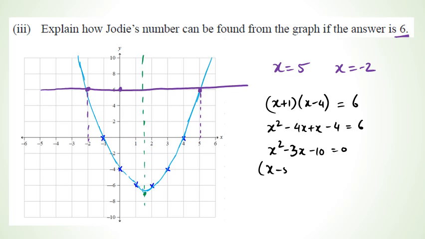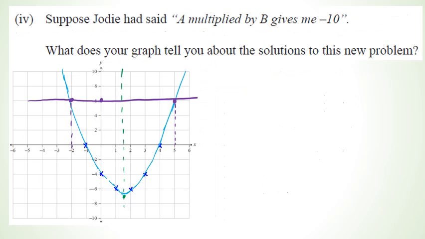So you have (x minus 5) and (x plus 2) equals 0. Therefore, x is equal to 5 and -2. That's another way you could have shown how that 5 and -2 comes about as well. But as I said, this is a graphs paper, so really explaining it from the graph was quite important for you to get an excellence. Okay, next question.